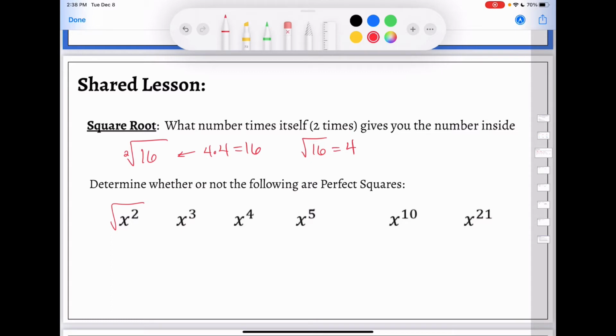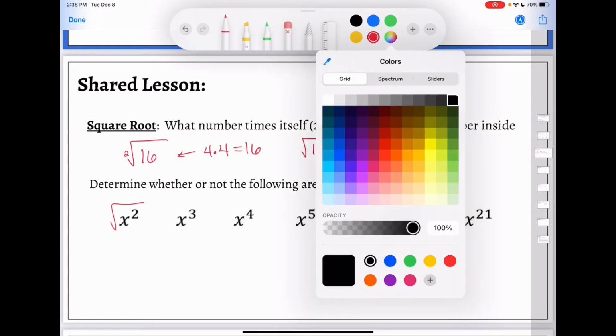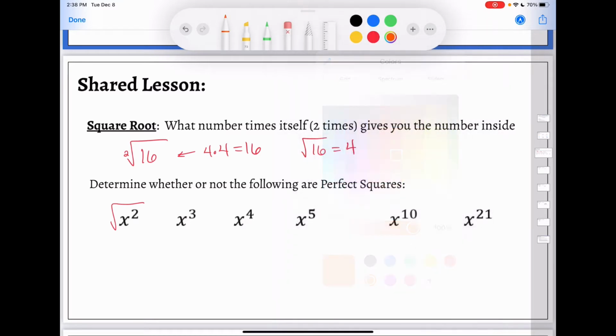The answer to this one is yes. Definitely. The square root of x squared, this would be x times x equals x squared. So that means the square root of x squared equals x. So yes, x squared is a perfect square.